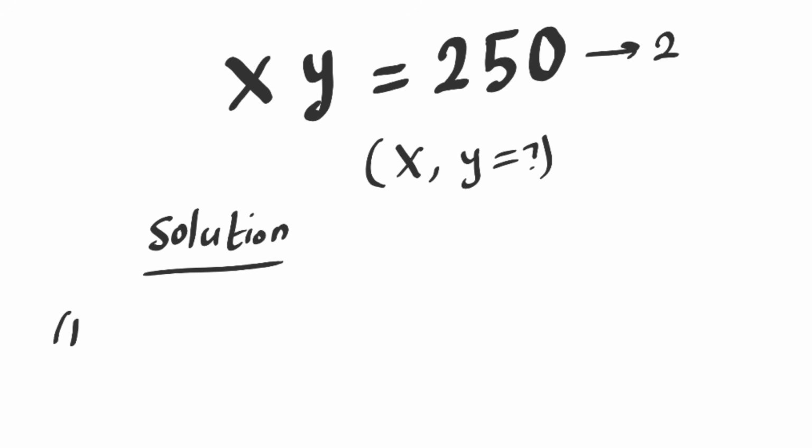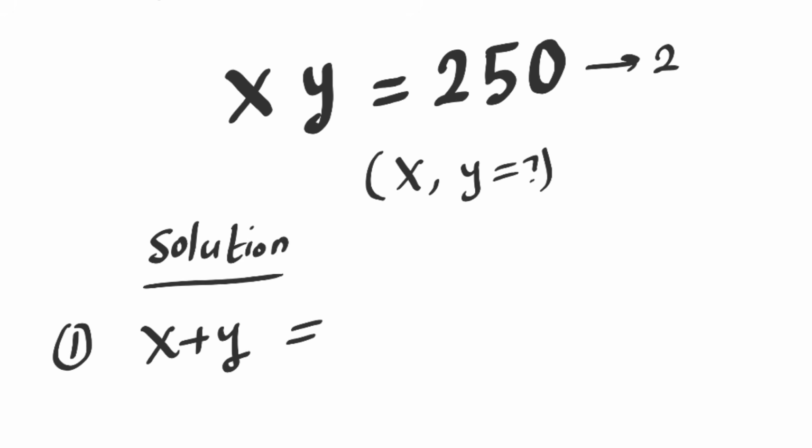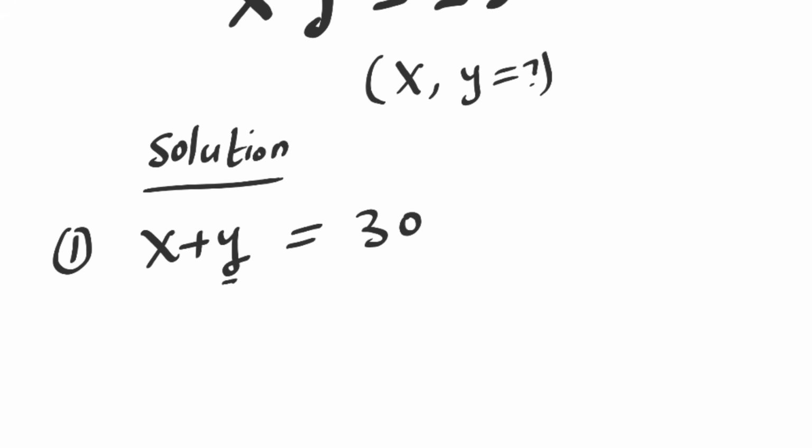From equation 1, x plus y is equal to 30. Now, let us make y the subject of the formula. y is equal to 30 minus x. Let us call this equation 3.